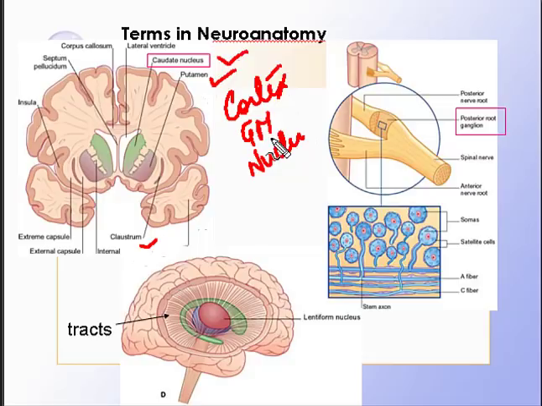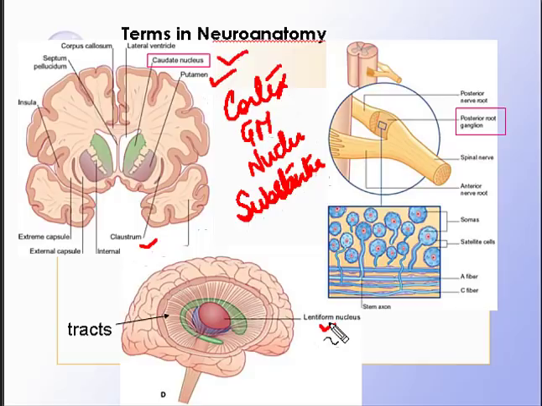Another term for collection of nerve cell bodies which you will see in the brain and spinal cord is substantia. So substantia is another term which is used for collection of nerve cell bodies. And here again you can see lentiform nucleus, so another name for nucleus.